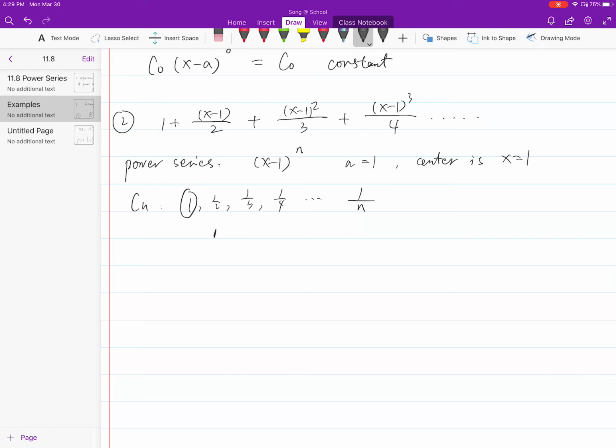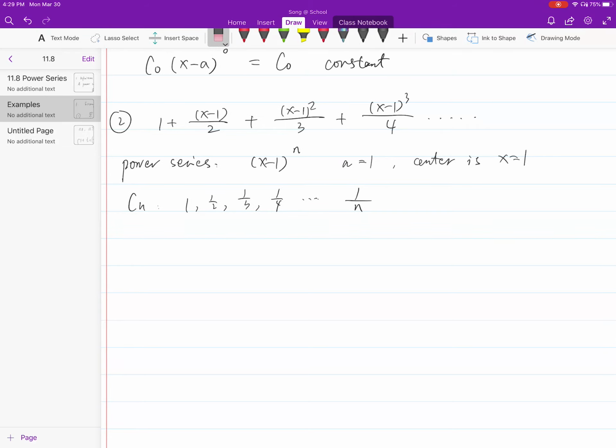It's actually corresponding to n equals 0. So you want to modify that a little bit. You want to change it to be 1 over n plus 1. This implies when n equals 0, you have 1. When n equals 1, you have 1/2. And n equals 2, you have 1/3. Because technically, we start from the 0 term.